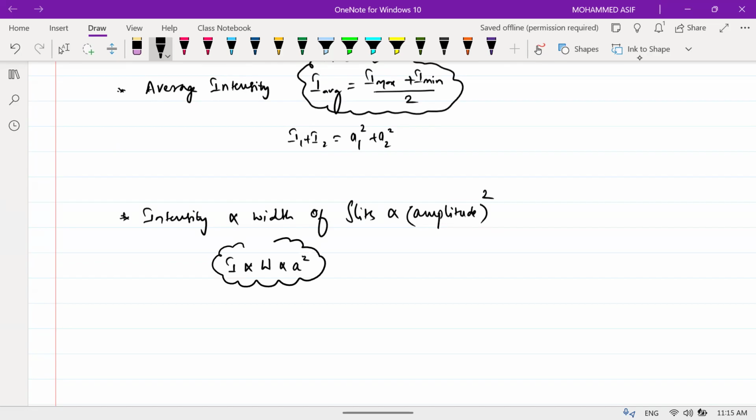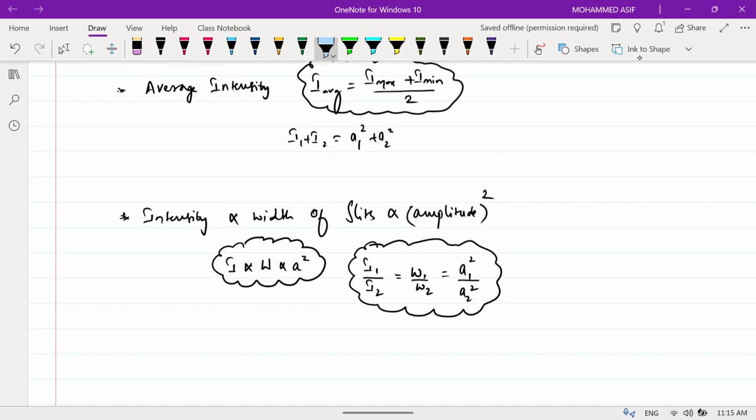Very important for problems which come in the final. So if I take the ratio, I1 by I2 is equal to width W1 divided by width W2, which is equal to A1 square divided by A2 square. Clear? This is one important formula you need to remember.